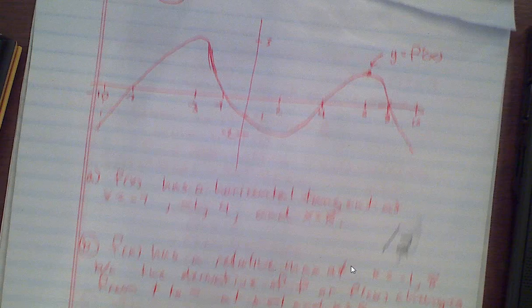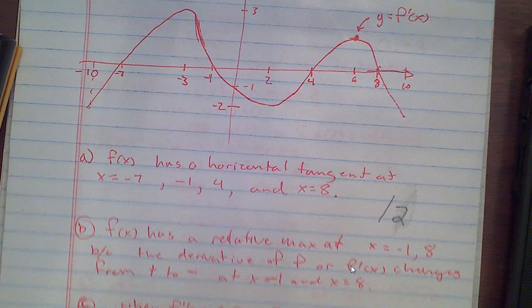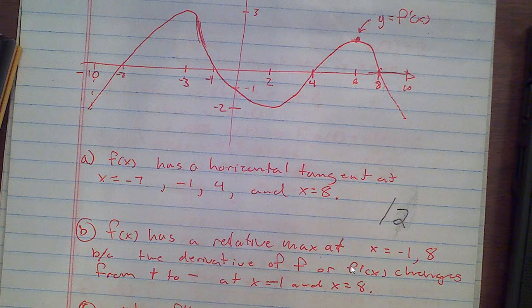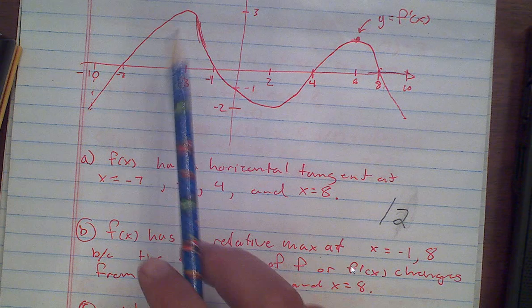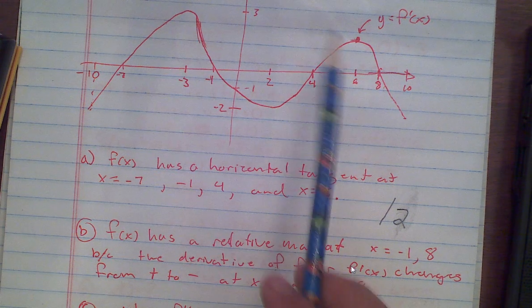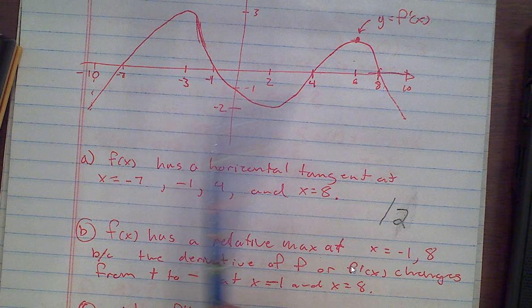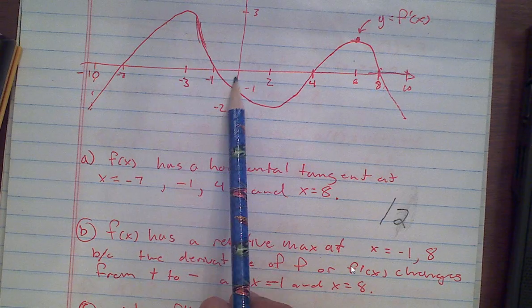Next, f of x has a relative max at those. We're trying to find relative maxima, which is where the derivative changes from positive to negative. So here the derivative is positive, here the derivative is positive, so it changes from positive to negative here and here.